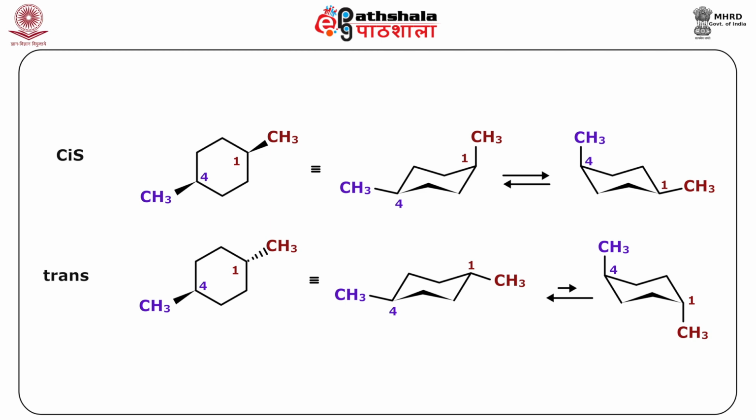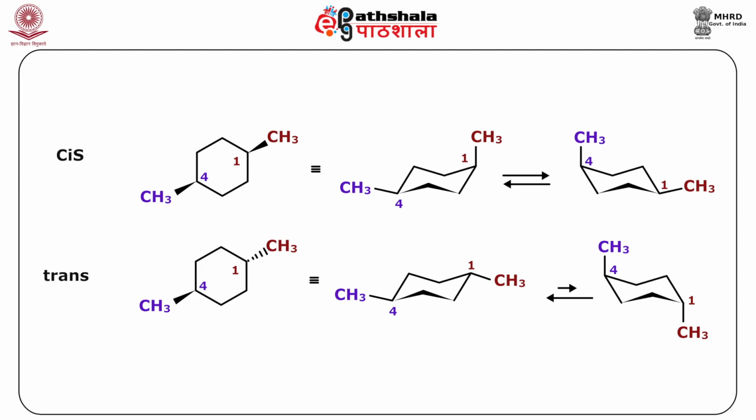The di-equatorial EE conformer has no strain at all, as both the methyl groups lie on the less hindered equatorial positions. The ring flip gives the diaxial conformer, which has considerable strain due to gauche interactions between the methyl groups and the ring methylene.